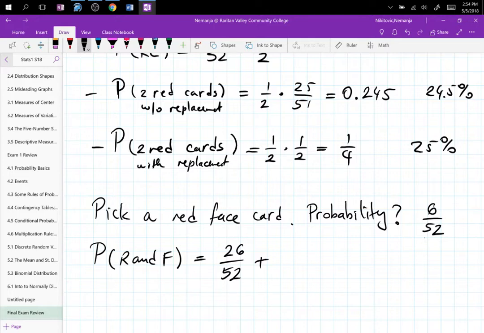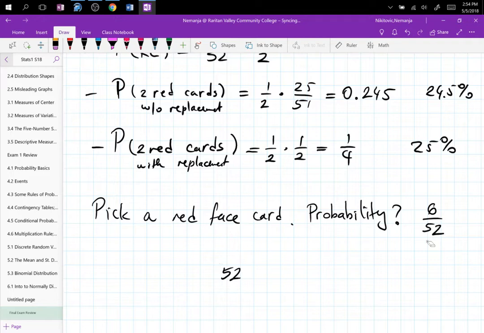Wouldn't it just be 6 over 52, not any addition? We already have the answer. I was doing the same thing, just maybe this is going to confuse you. You're right, it's an R and F, so still. Let's do the OR.